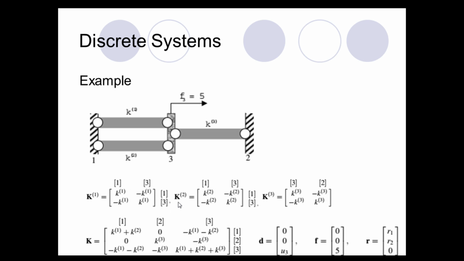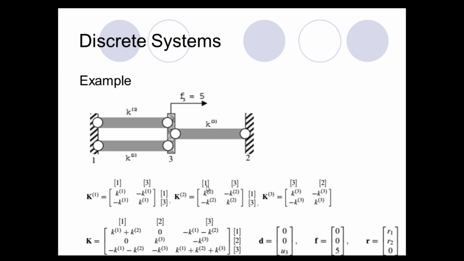Now let's look at the K2, the stiffness matrix of element 2. Now this is element 2, as you see. Again, its stiffness might be different. Okay, so this is K2, minus K2, minus K2 and K2.